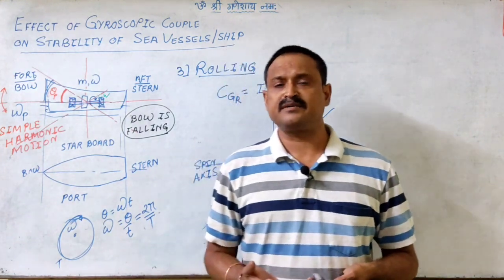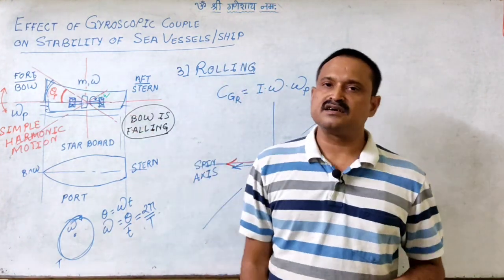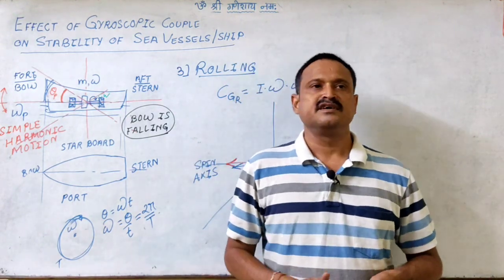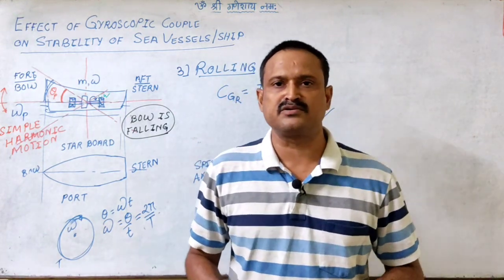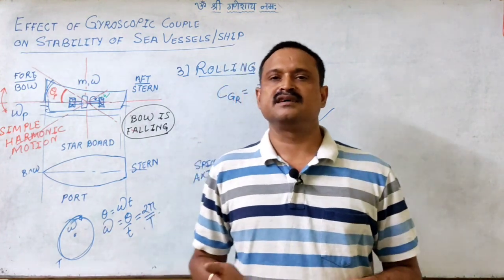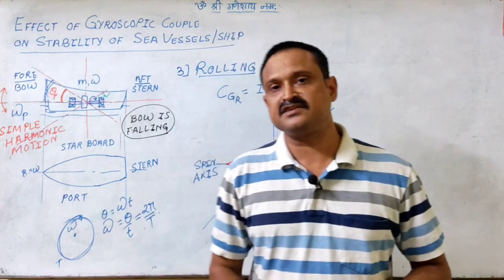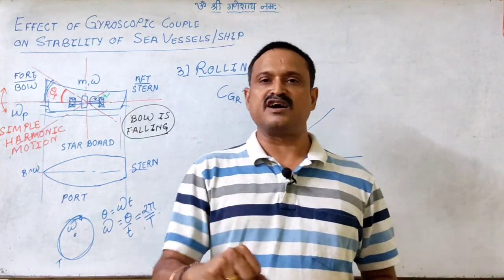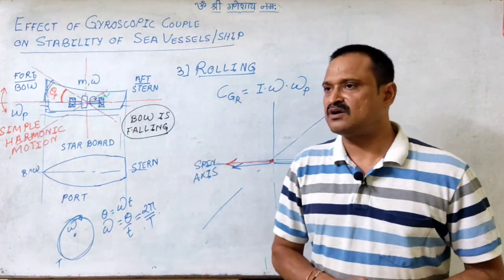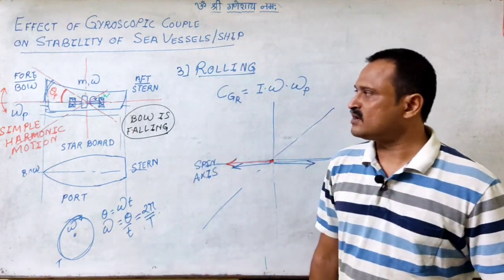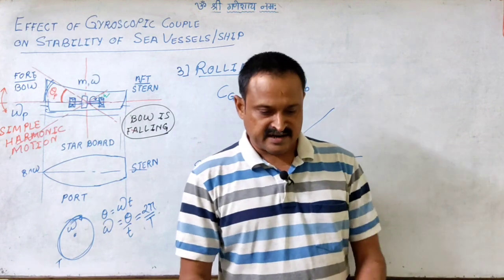So that means during such conditions the entire ship has a tendency to move in the direction of the reaction, which may create problems for controlling the motion of such ships. So that is all in this session, and take care all.